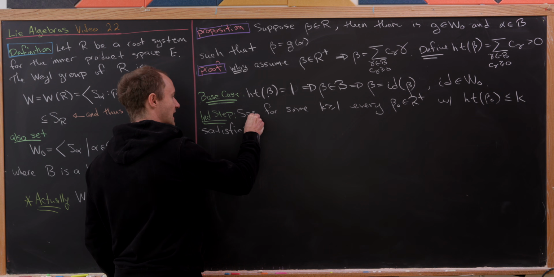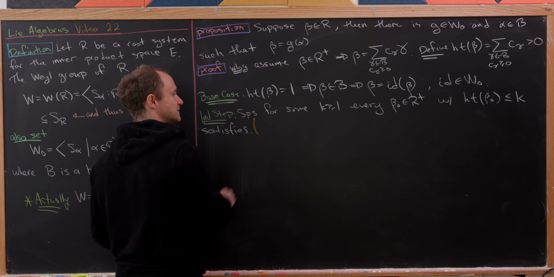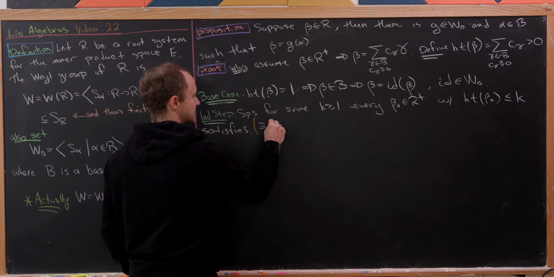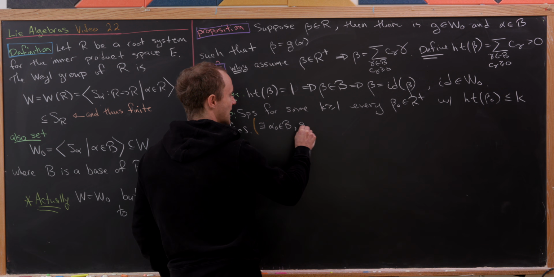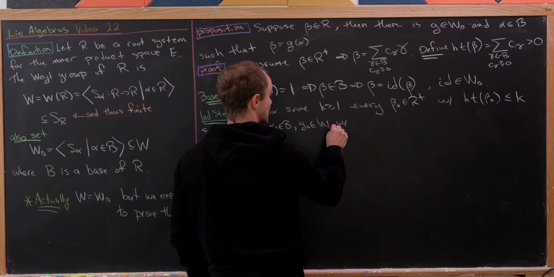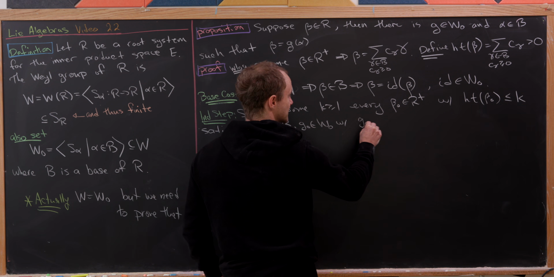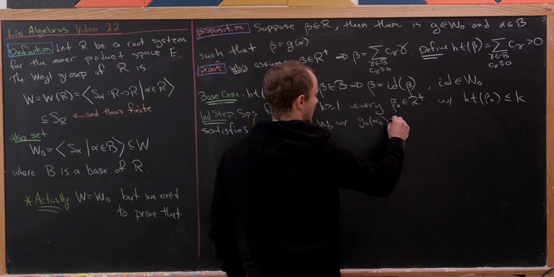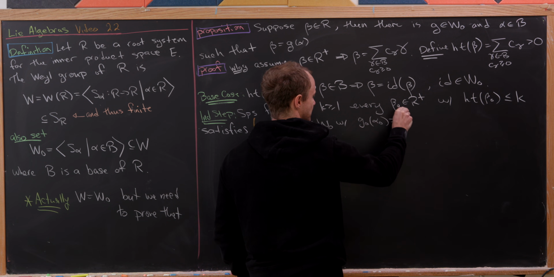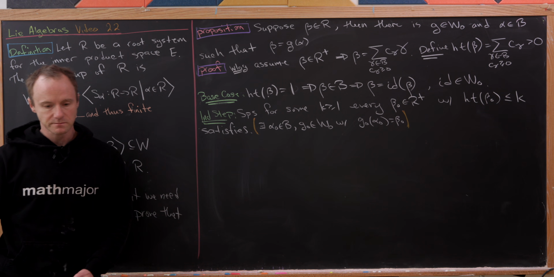So in other words, there's going to exist something that I'll call alpha naught inside of B and G naught inside of W naught, with G naught applied to alpha naught giving us beta naught. So there's a lot of subscript zeros there, but it is what it is.